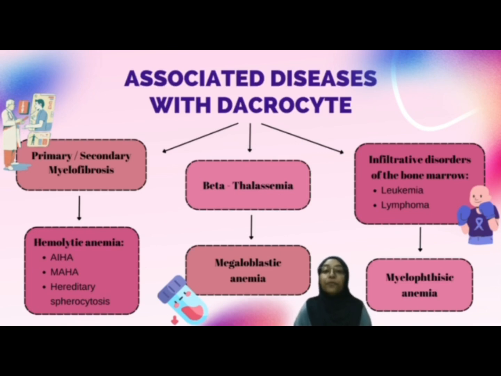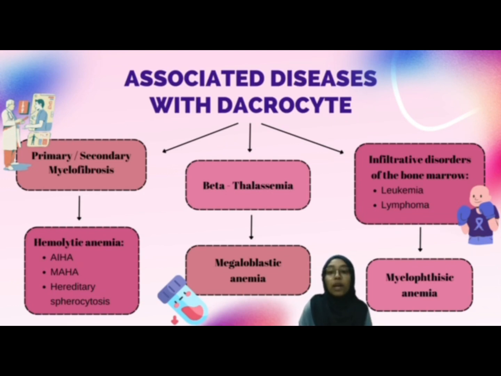Moving on with the second disease, which is beta thalassemia. Beta thalassemia is a hereditary blood illness characterized by decreased or non-existent synthesis of the beta globin protein, which is a component of hemoglobin, which is in charge of transporting oxygen in red blood cells.